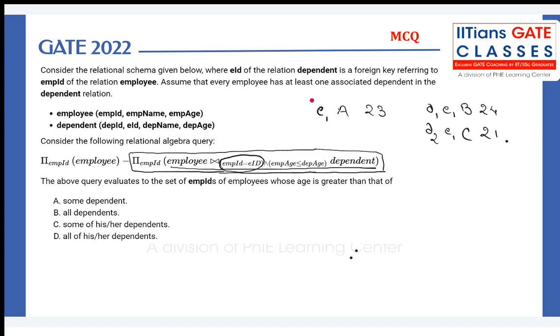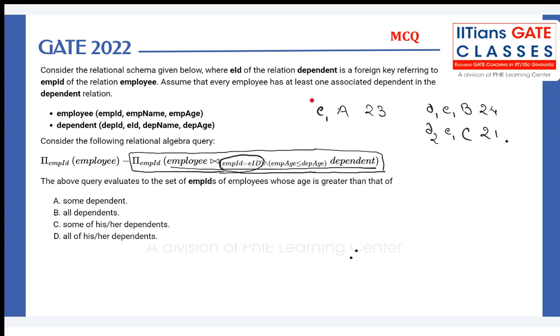What is the join result that you will get? How many of you say the answer is empty, as in no tuple will be returned? How many of you answer that? How many of you say the answer is not empty?